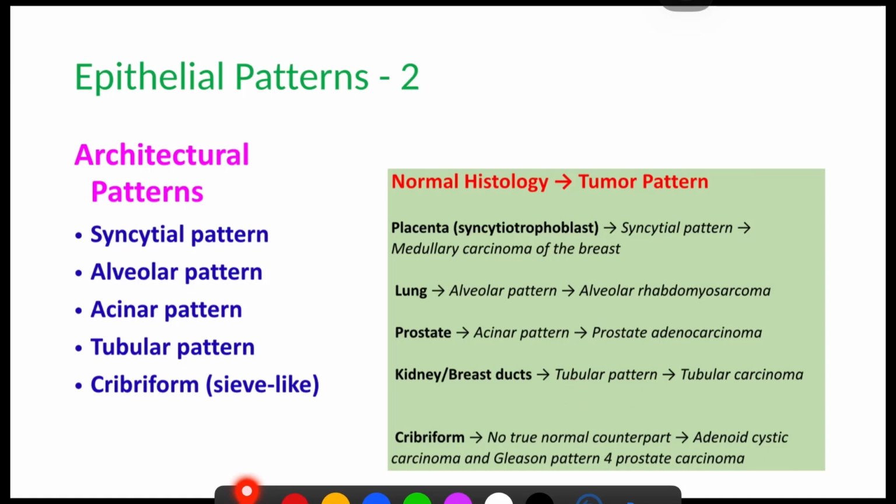In the kidney we see the distal, connecting and proximal tubules and the collecting duct, which show tubular pattern. This pattern is also seen in tubular carcinoma of many organs. Now cribriform pattern. This does not have a true normal counterpart, but adenoid cystic carcinoma and Gleason pattern of prostate carcinoma show cribriform pattern. So let's start with the syncytial pattern.